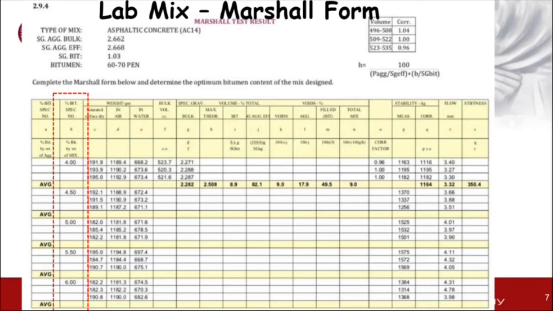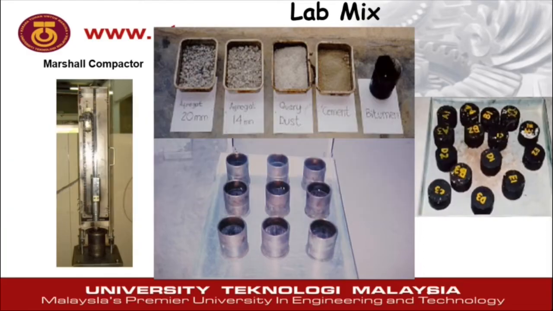Okay, next, let's have a look at the compaction procedure. This slide shows the Marshall compactor and the different combination of aggregate sizes. The Marshall mold is cylindrical in shape, so that's why our sample will be cylindrical with the size of 100 mm diameter and around 60 mm thickness.